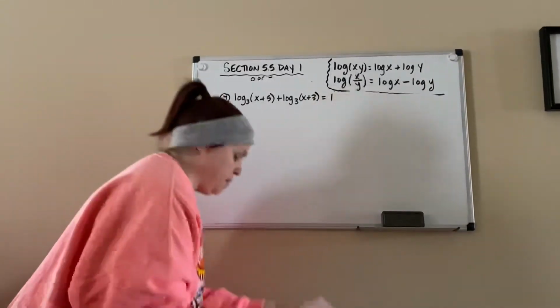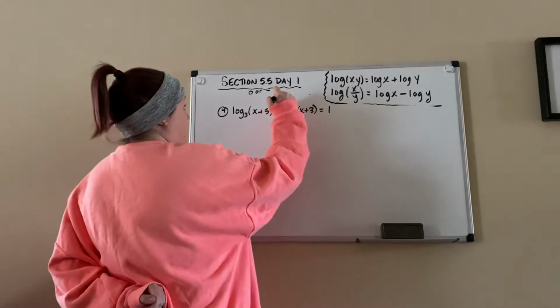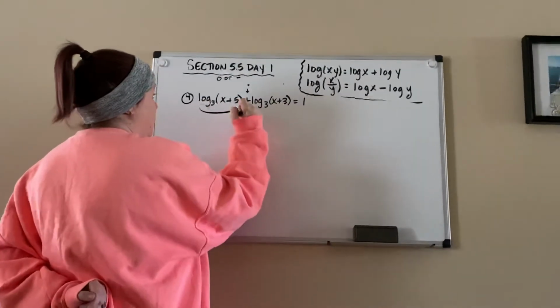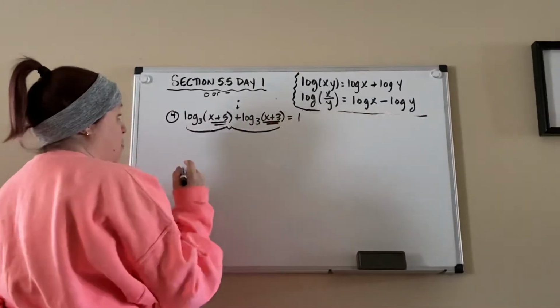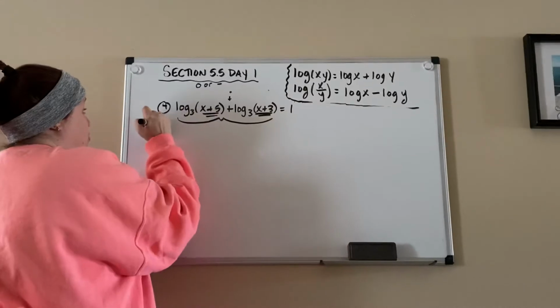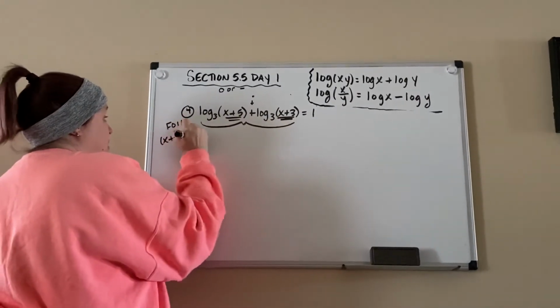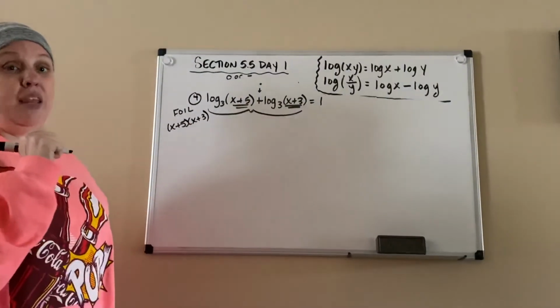Okay, so now I can set my papers down because I don't need them anymore. Plus means times. We know that. So what we have to do on this side when we combine these together is multiply x plus 5 times x plus 3, which means we have to FOIL. We haven't FOILed in a while, but we can handle that.